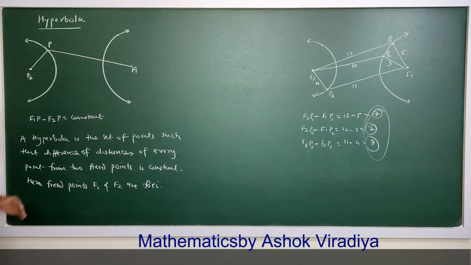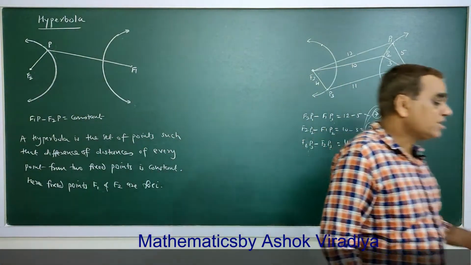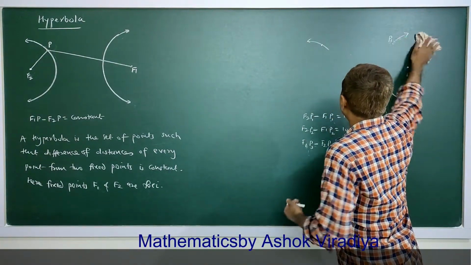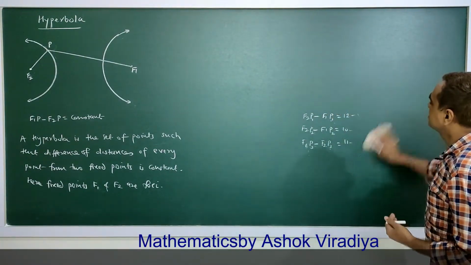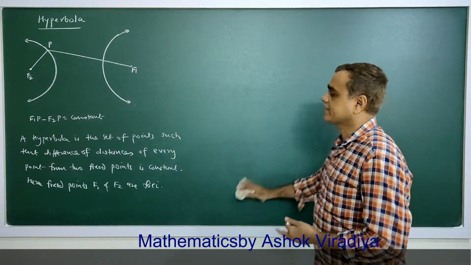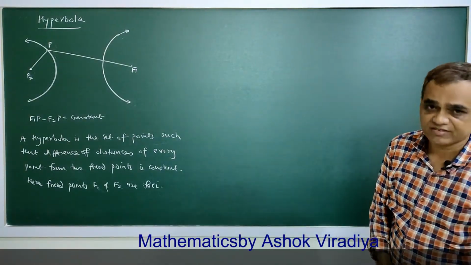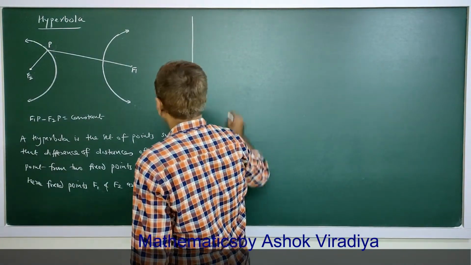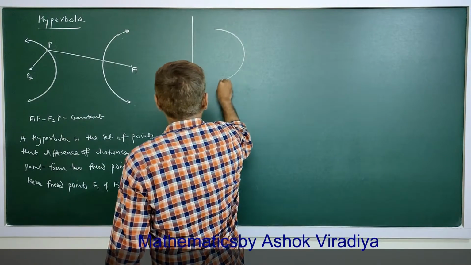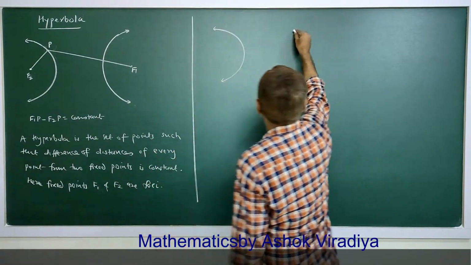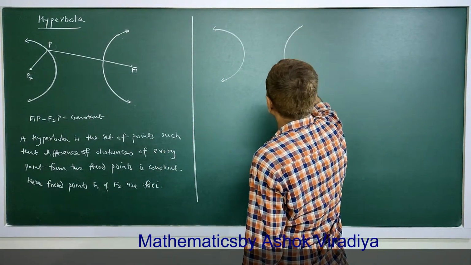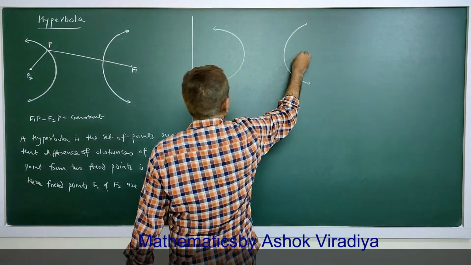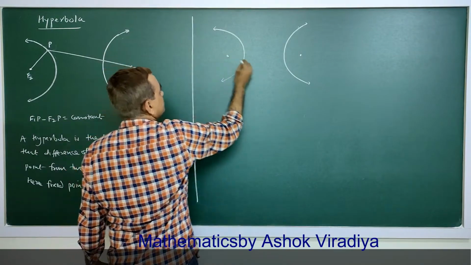Now the words or terminology for the hyperbola. In the case of an ellipse, we had the words major axis and minor axis. Here the words are different. To understand those words, I am taking again a hyperbola. This is a hyperbola. These are fixed points F1, F2.